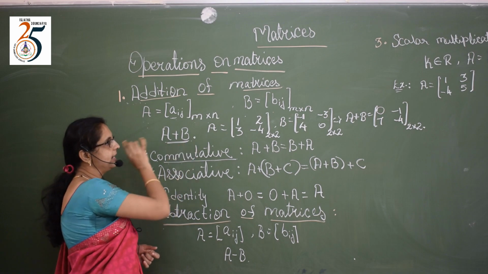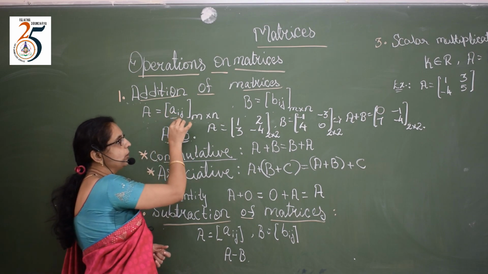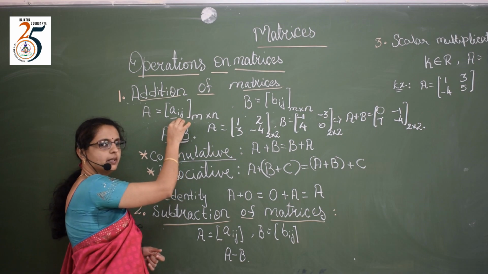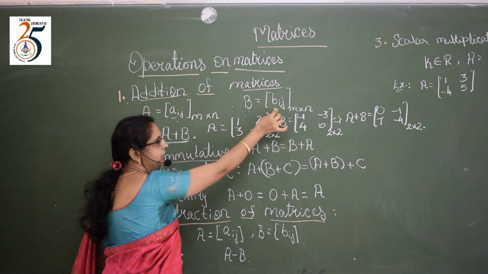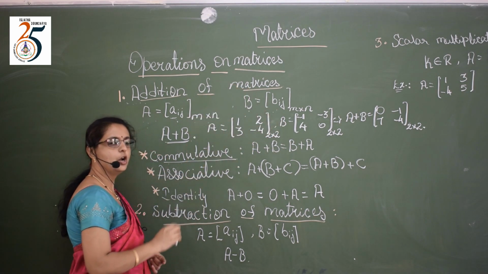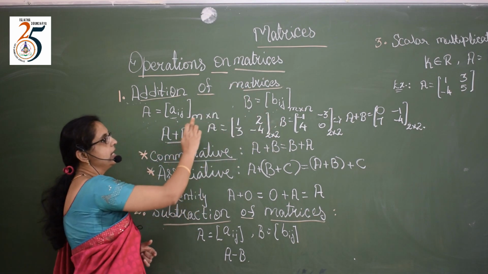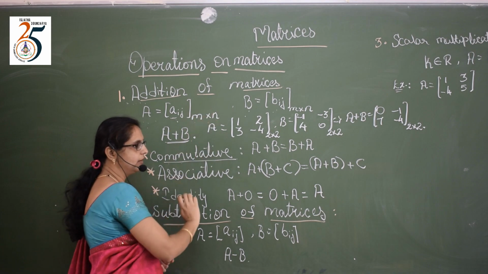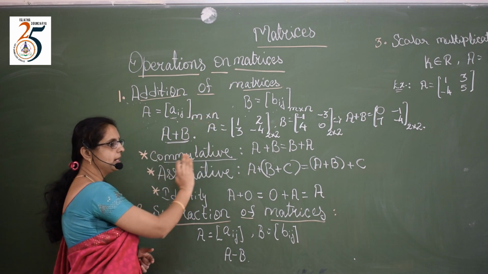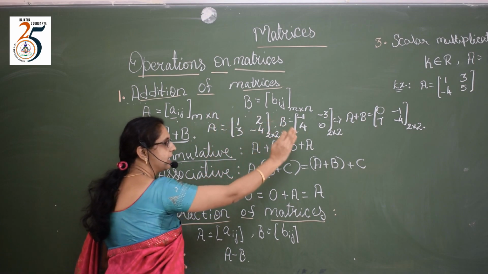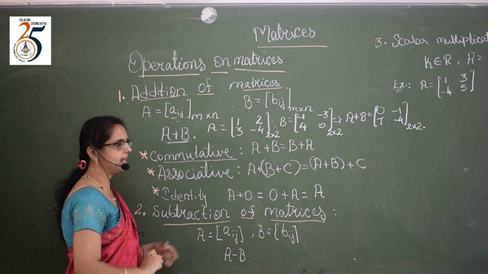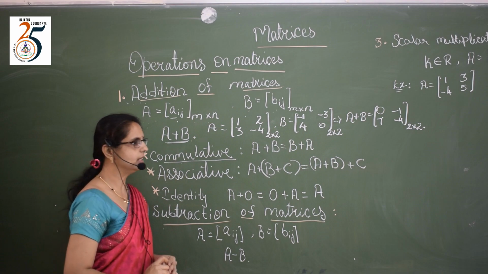That is, if A is the matrix containing the elements Aij and B is the matrix containing the elements Bij, whose orders are m cross n itself, then the commutative property states that A plus B is always equal to B plus A. It is very similar to real numbers.